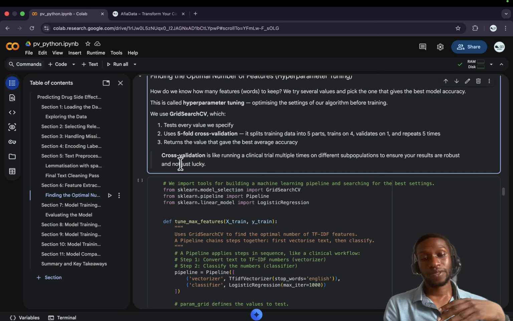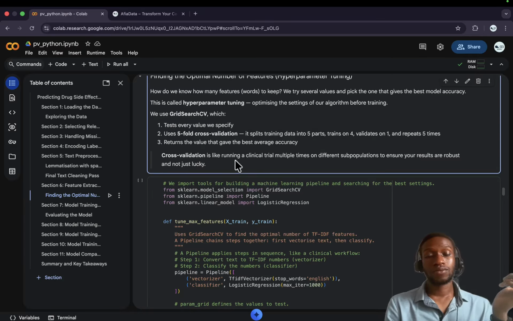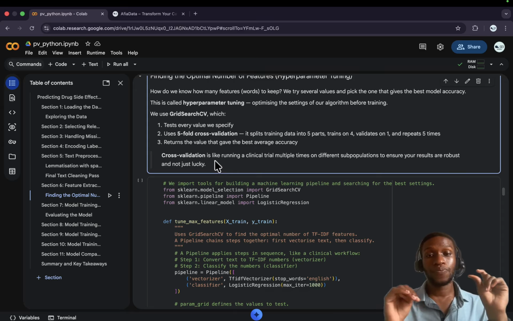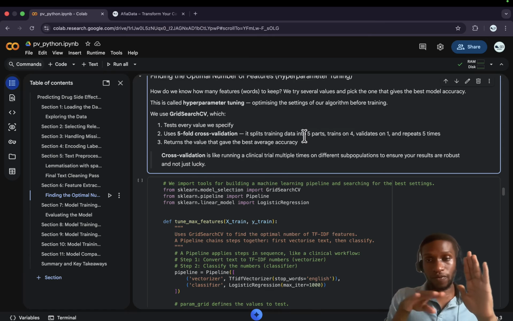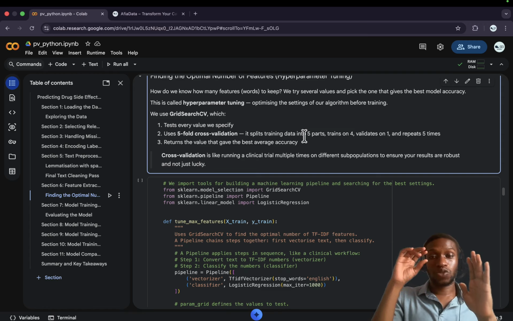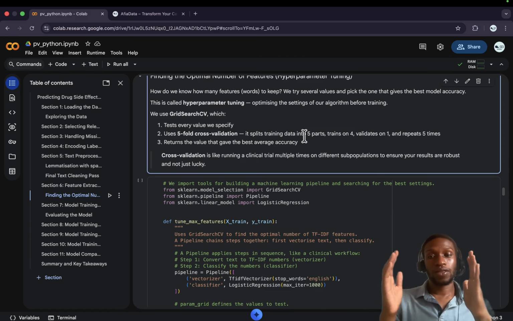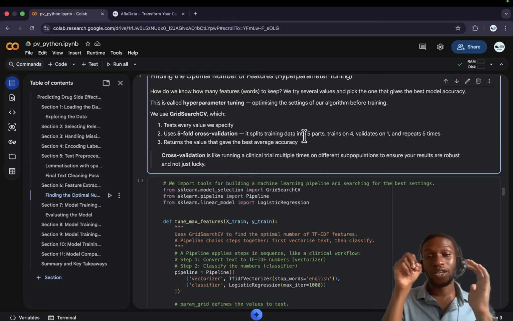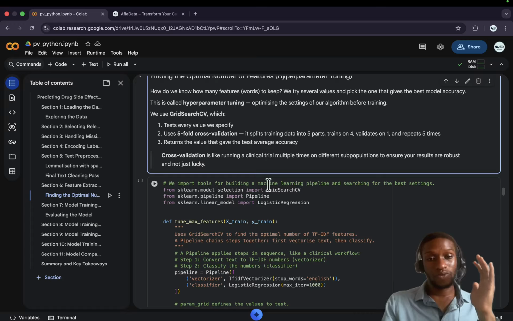What cross-validation does in this step is take the training data, split it into five parts, train on 4 and validate on 1, and then repeat, so we do that 5 times. I know I haven't defined it properly, but just be aware that there's a step called cross validation, and when we get into it in some other video, I will dive deep into that.